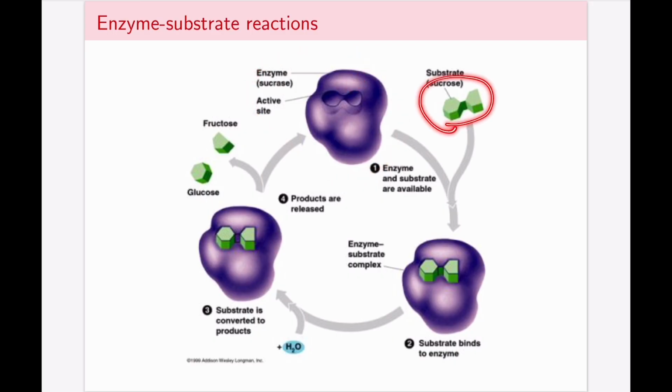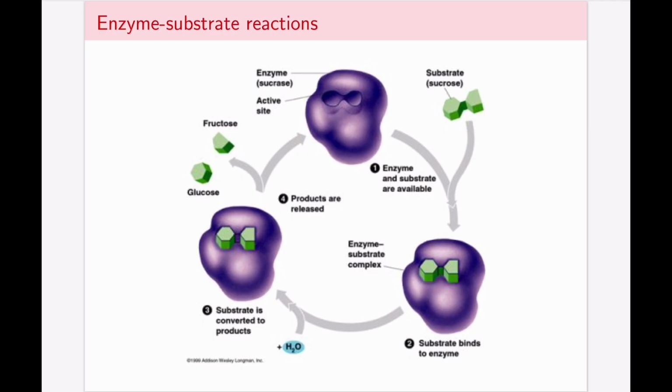A substrate is going to bind into the active site. The reaction is going to happen, and the substrate will be converted into products. So in this case, separated into two and released separately. Once another active site becomes available, another substrate binds to it, and so on and so forth. We will go through this cycle as many times as the reaction will take place.